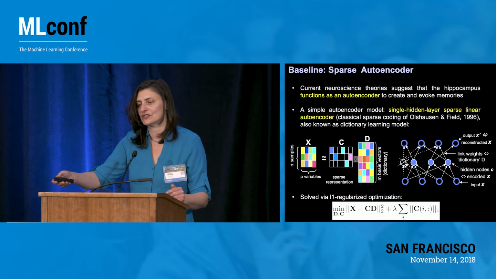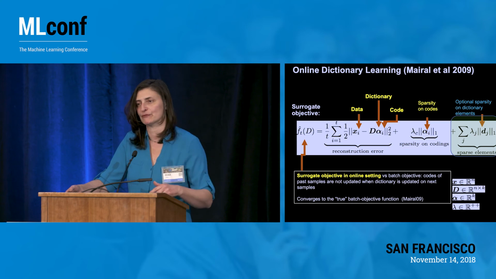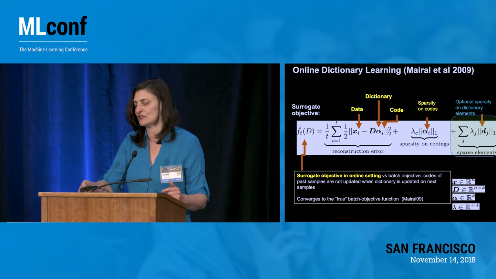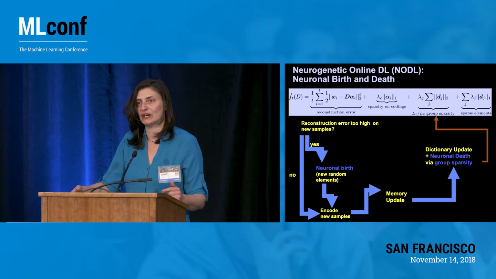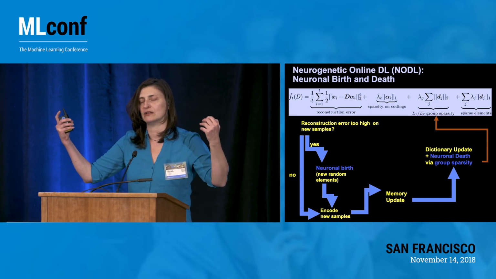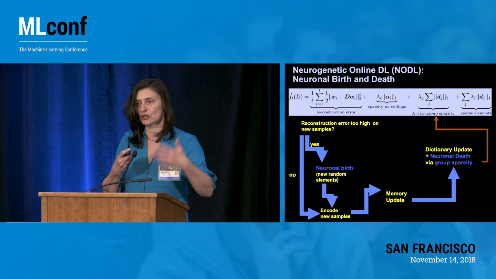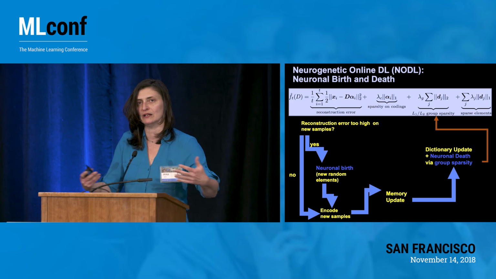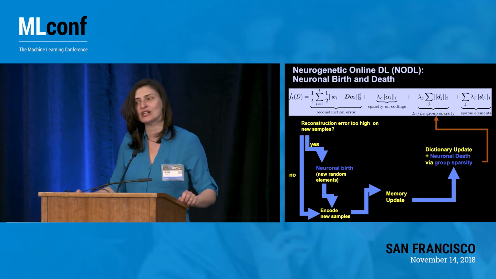And just going briefly, if you use simple sparse coding or dictionary learning, which essentially is a sparse linear autoencoder, and you try to learn it online, there are methods from the past by Mairal and others, which essentially are sparse optimization methods. If you do that, but you augment them with neurogenesis, adding new hidden units when your prediction error rises, when you start performing badly, when your model does not predict well, you enrich it with more hidden units.